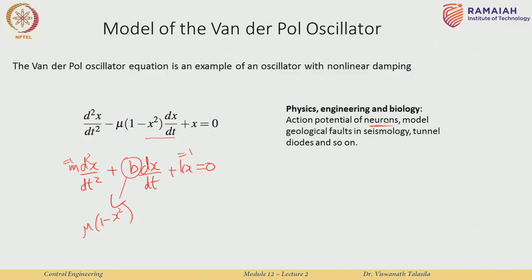And the classical engineering example for the van der Pol oscillator is a tunnel diode. It is basically a diode which allows us to do very high speed switching in electrical circuits. Now let us take this particular nonlinear differential equation. We see that this is where we get the nonlinear term. We will again repeat the same process and see what kind of behavior we can extract out of this one.